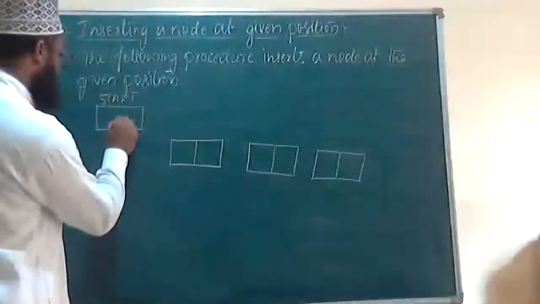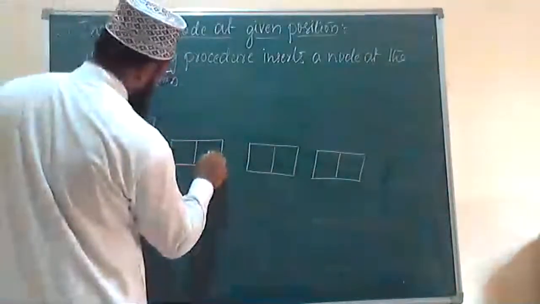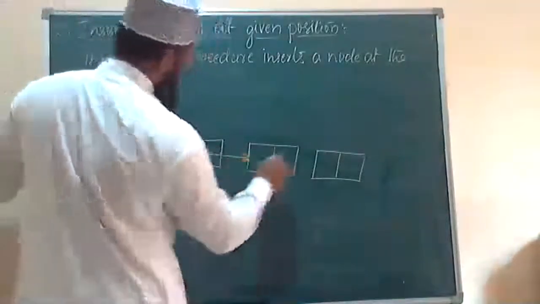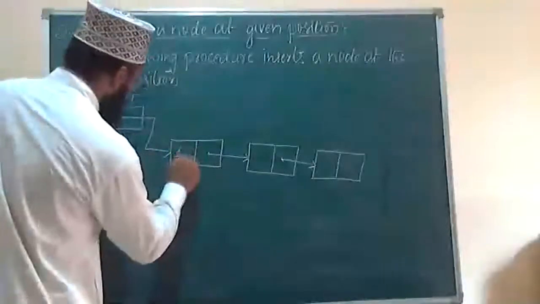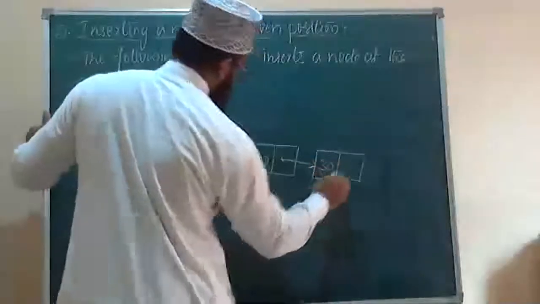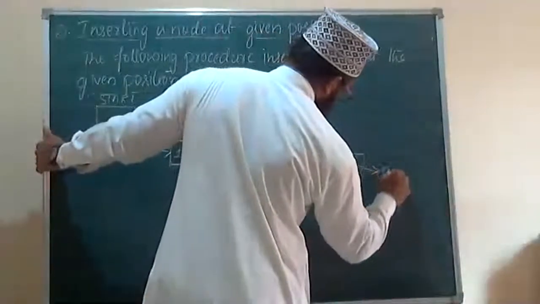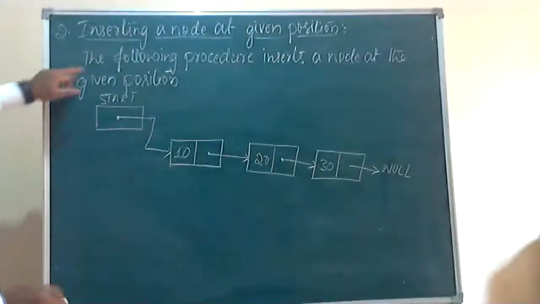Just we'll create a linked list of 3 nodes. This is a linked list. It contains some data, 10, 20, 30, whatever it may be, and the last is always pointed to null because it is a singly linked list.